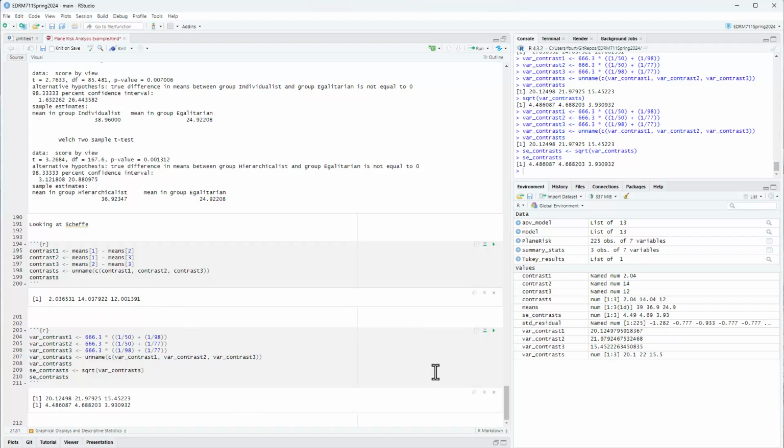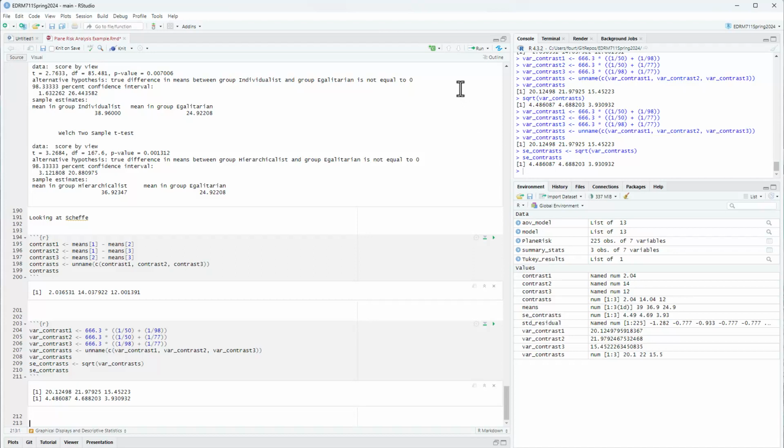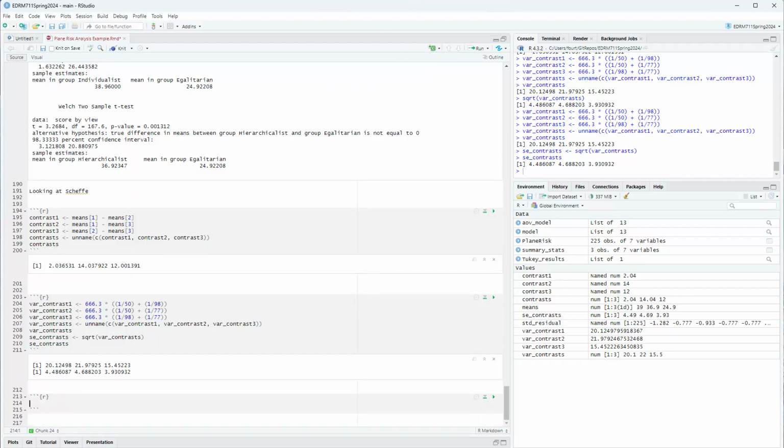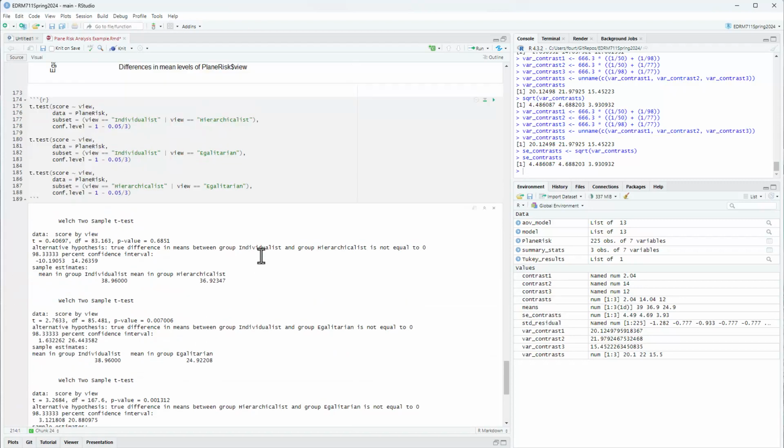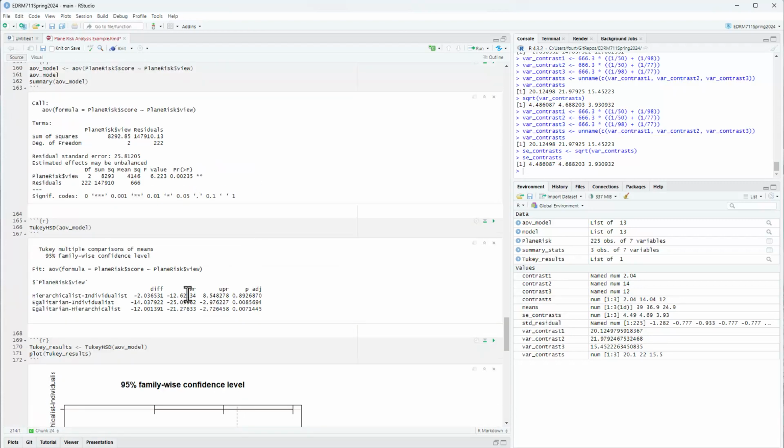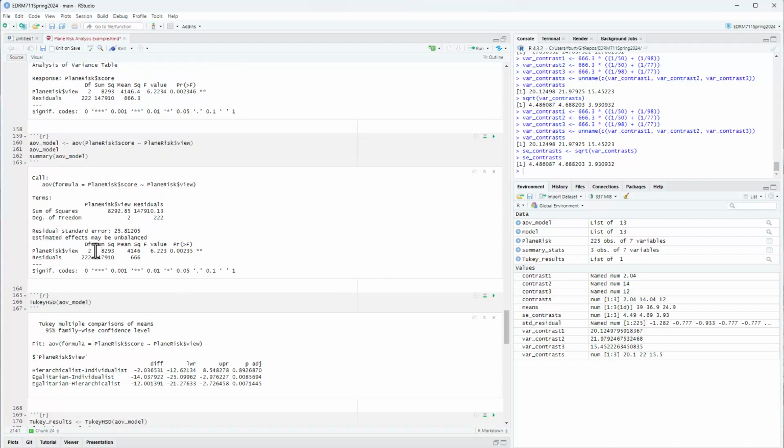So let's go ahead and enter in another code chunk here. And what I'm going to do in this code chunk is create the critical value. Well, if you go back and look at the ANOVA table, right here, the degrees of freedom we need for the F are 2 and 222.